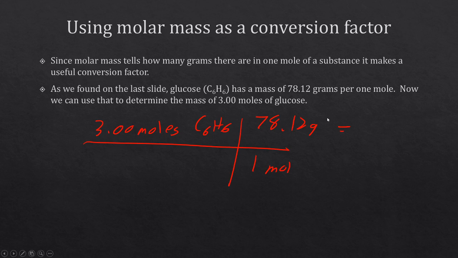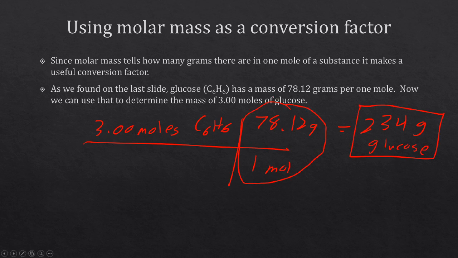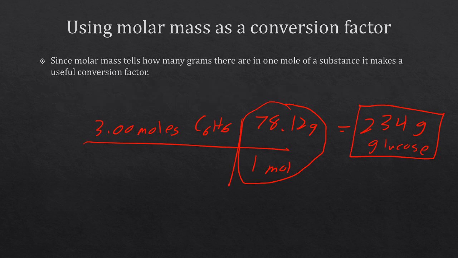So if I multiply that by 3, and we only have 1 significant figure in our 3 moles, this is going to be 234 grams of C6H6. So the idea is this makes our conversion factor. Remember, you could also invert it, so you could put grams on the bottom and moles on top if the conversion needed that, for example, if you started out with grams, like we will in this next problem.